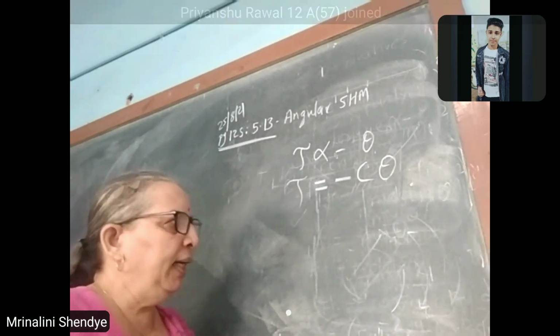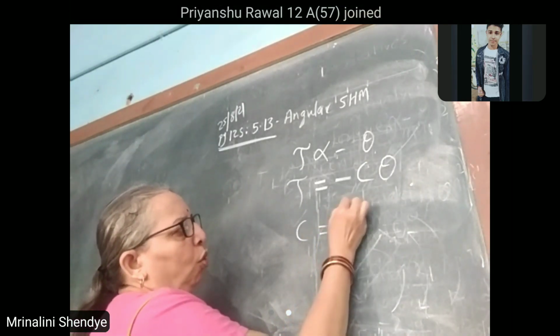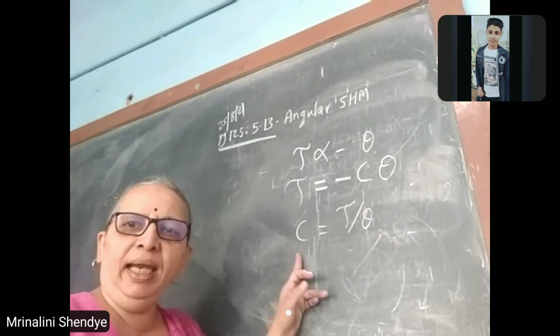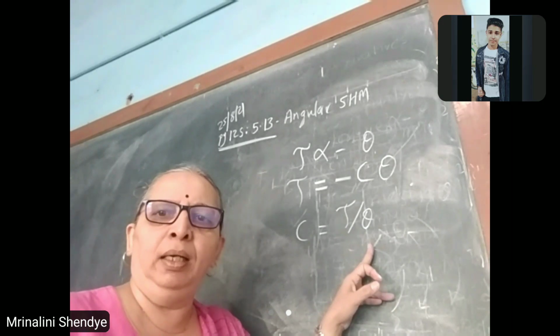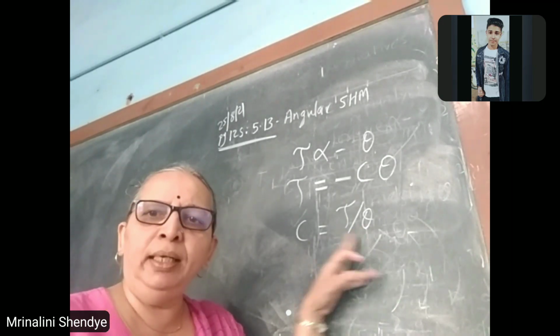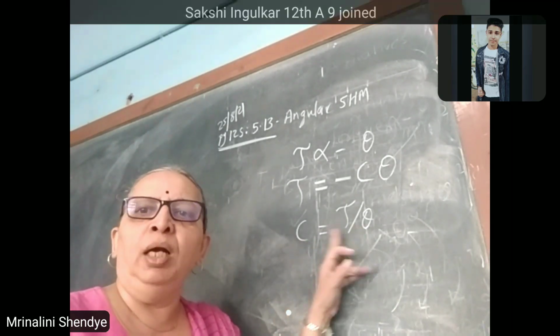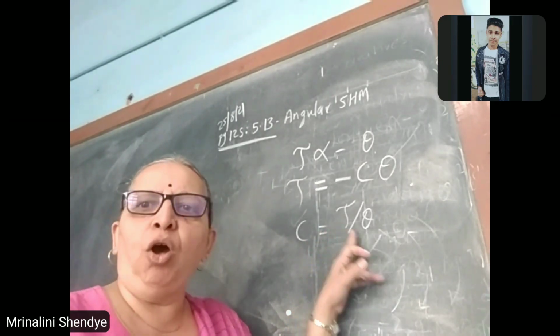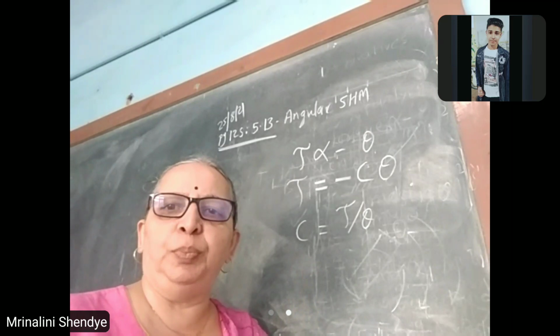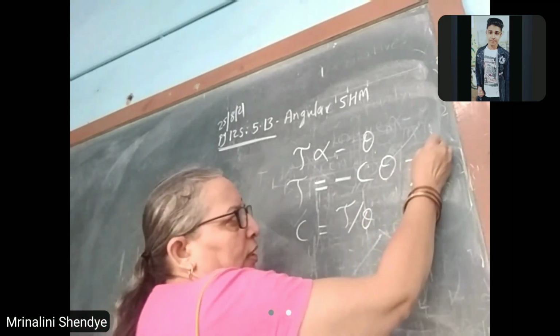C can be defined as torque by theta. So C is restoring torque per unit displacement. If theta is unity, C is the restoring torque. So C, the constant of proportionality, is restoring torque per unit angular displacement. So this is equation 1.